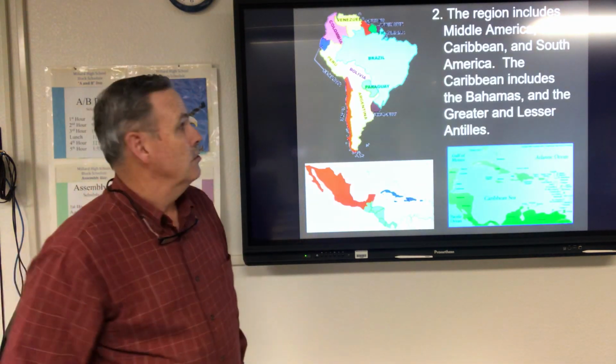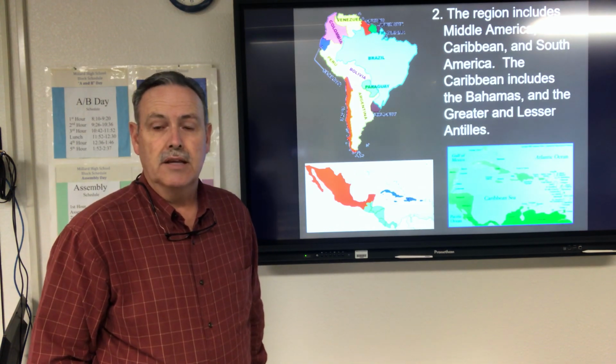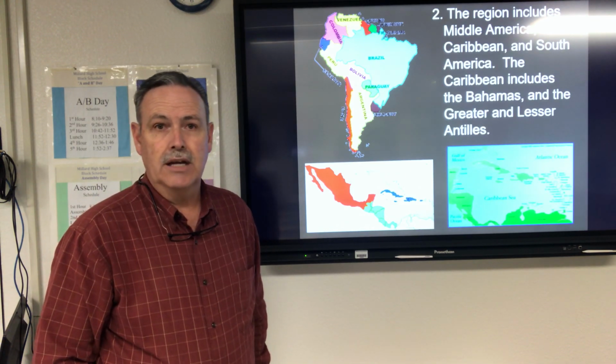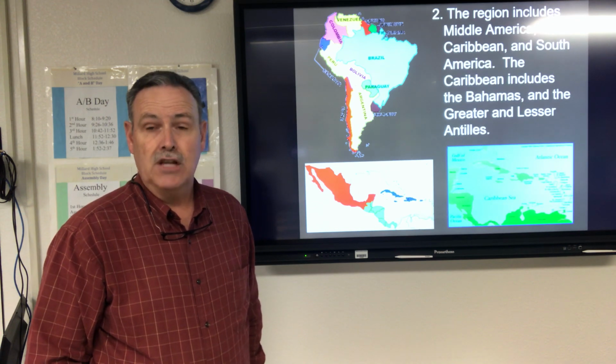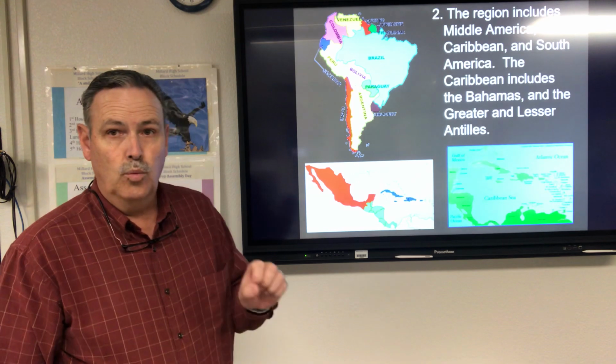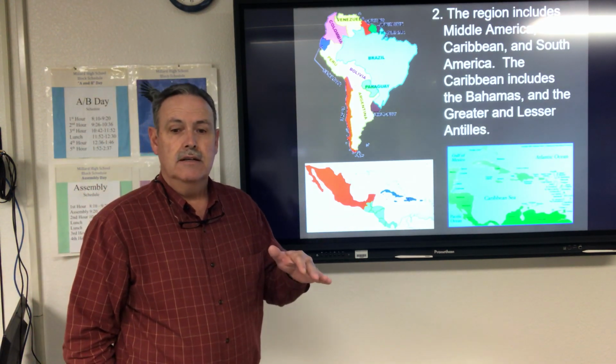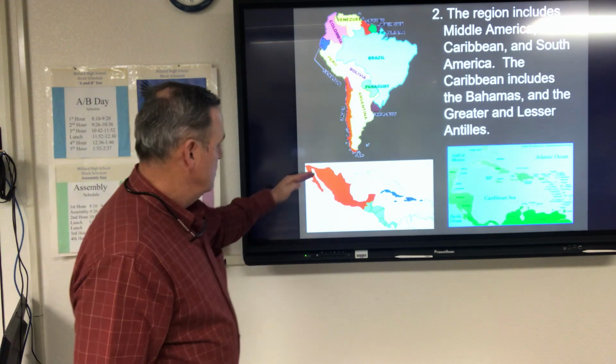So the region includes three main parts. We have Middle America, the Caribbean, depending on how you like to say it, and South America. Then one interesting thing about Middle America, we need to clarify the names for this area.